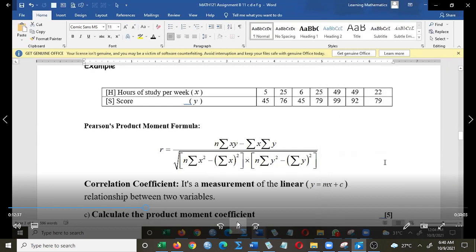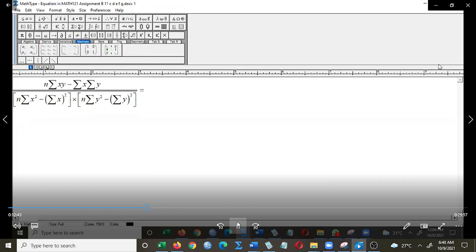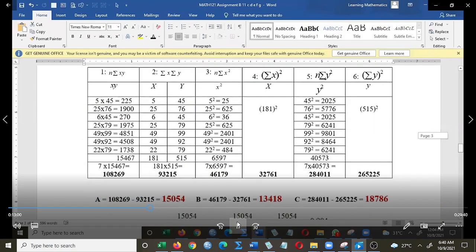A, B, and C. All right, this formula can be simplified to capital A over the square root of B times C. And we did that there.